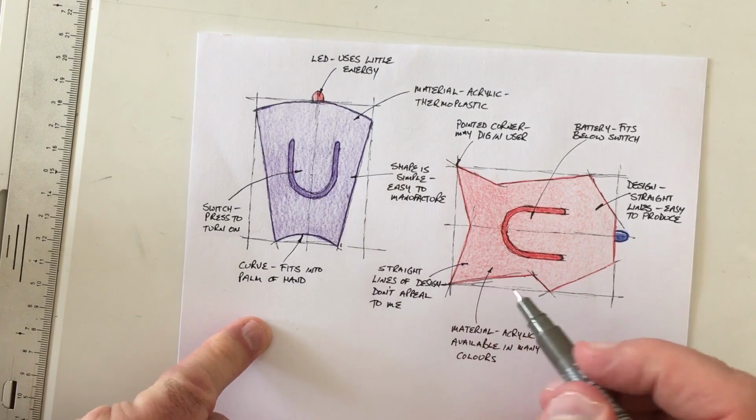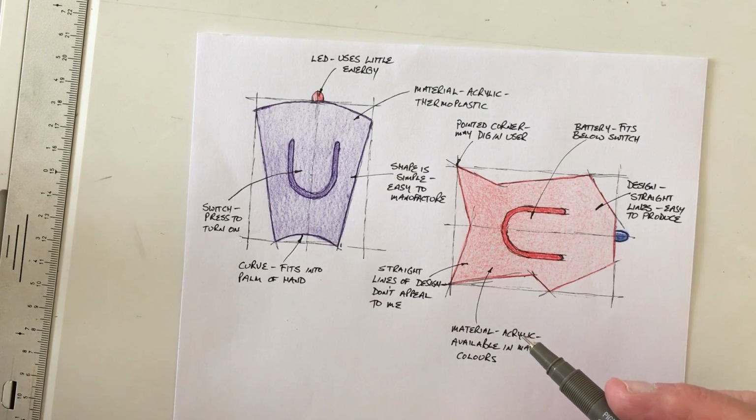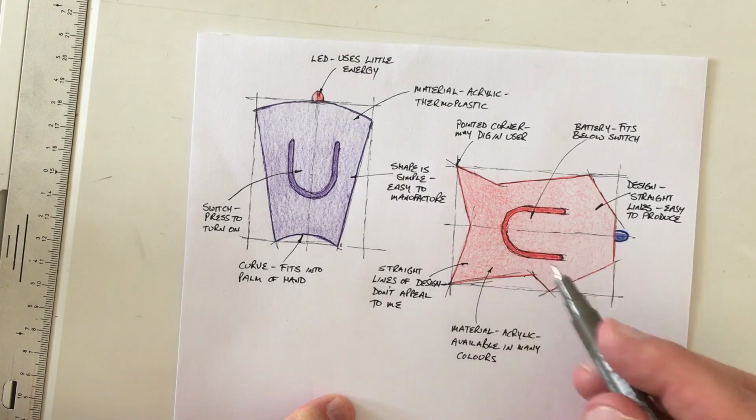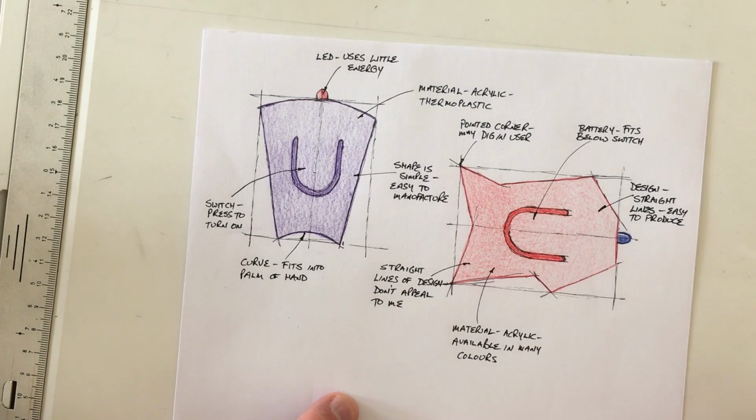So I'm just putting a personal comment down about those straight lines and the fact that I'm really not that keen on them. But you know, that's a personal view or personal opinion.